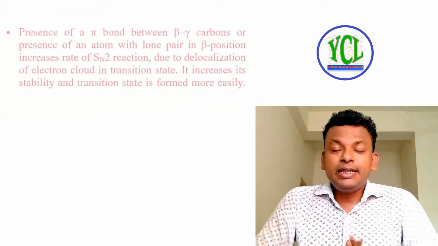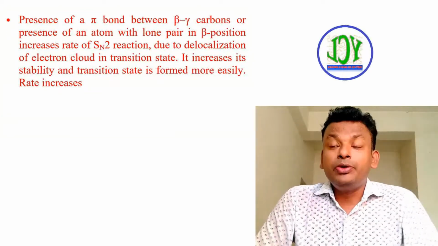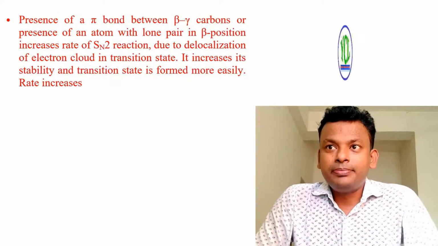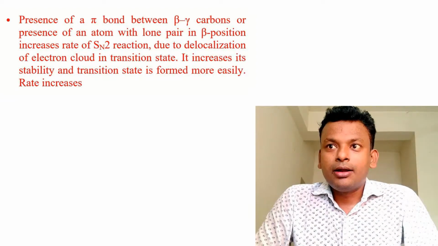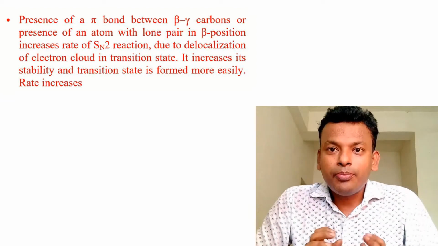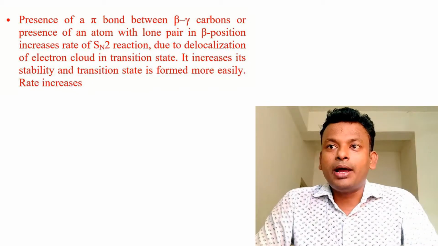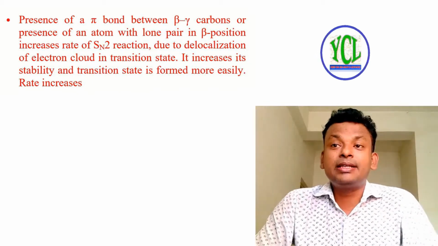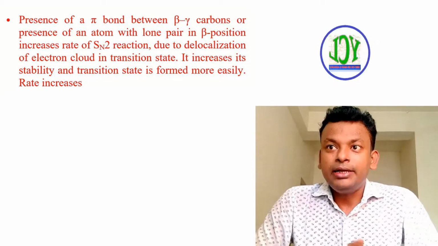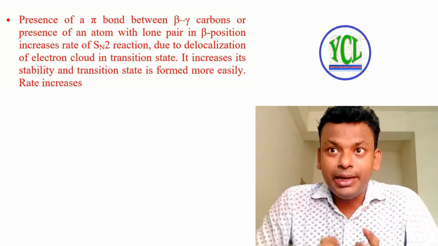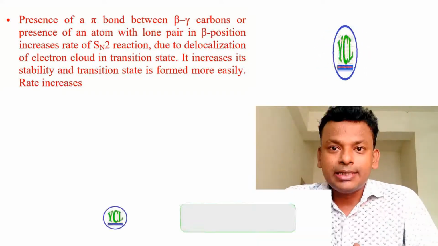So next, the presence of a pi bond between beta and gamma carbon, or the presence of an atom with a lone pair in the beta position, increases the rate of SN2 reaction due to delocalization of electron cloud in the transition state.